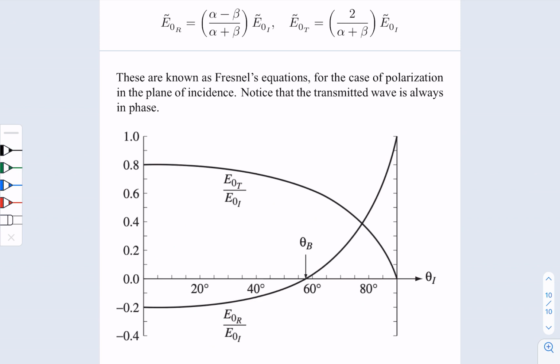So this is one old way of producing polarized light from a normal distribution or random light.